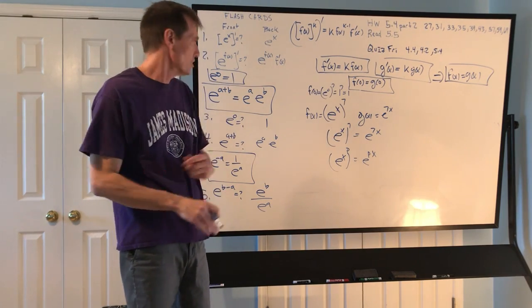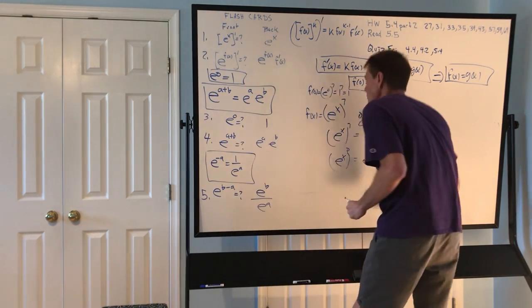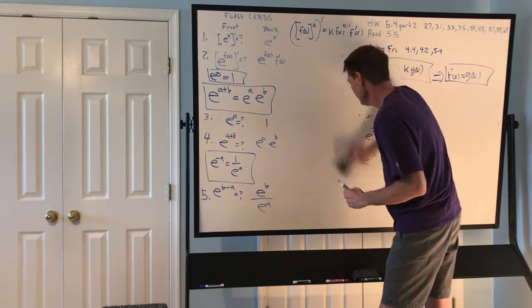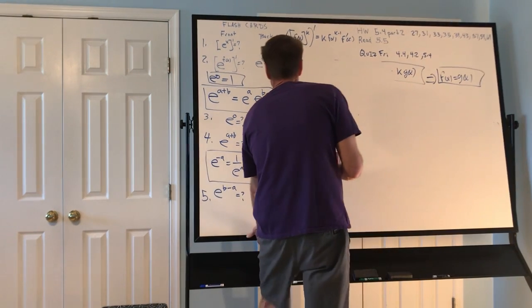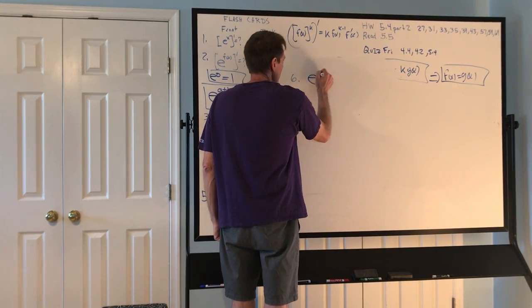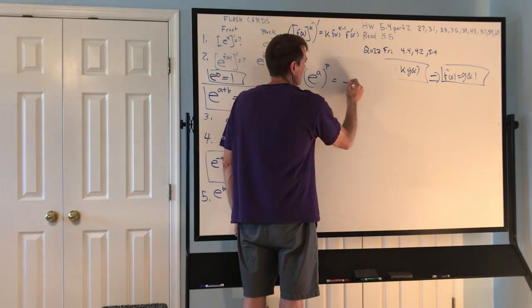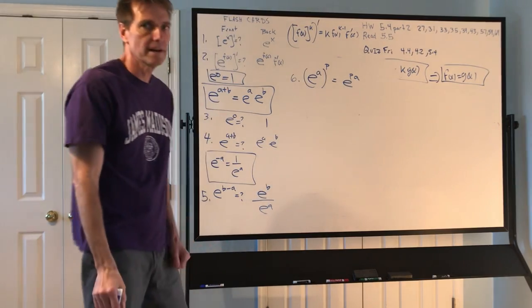And so I guess my last algebraic flashcard for this will be number 6, which is that e to the a raised to the p is e to the p times a.